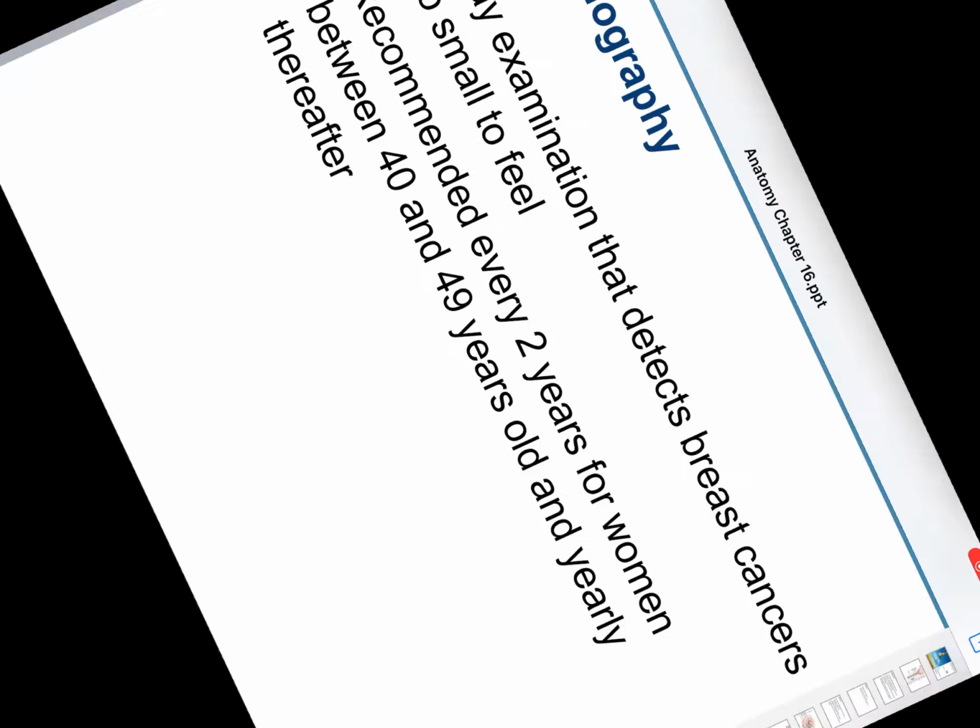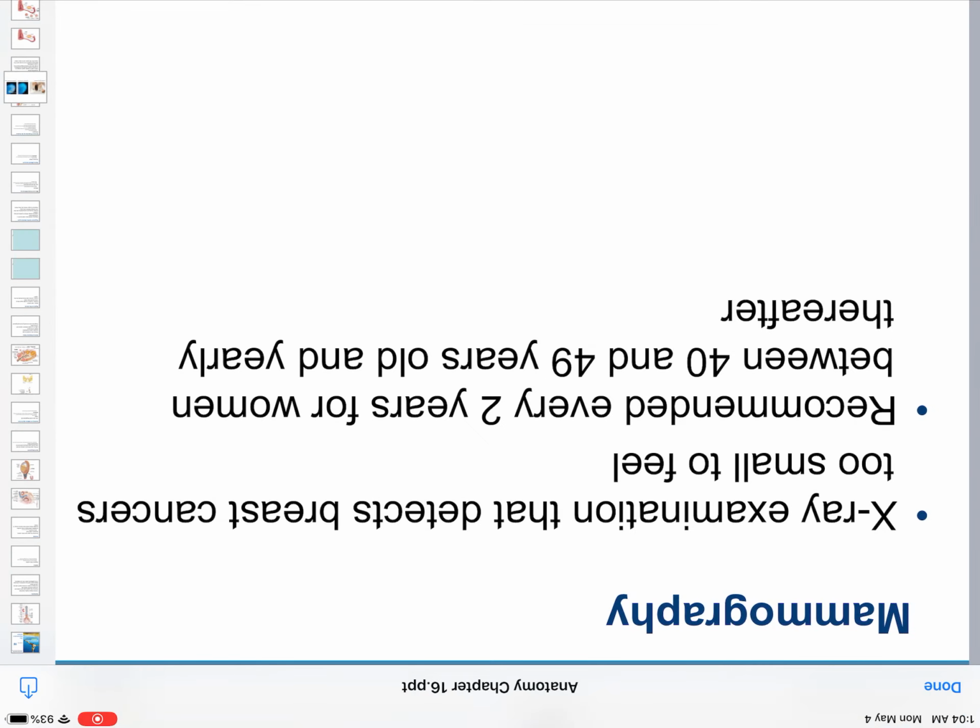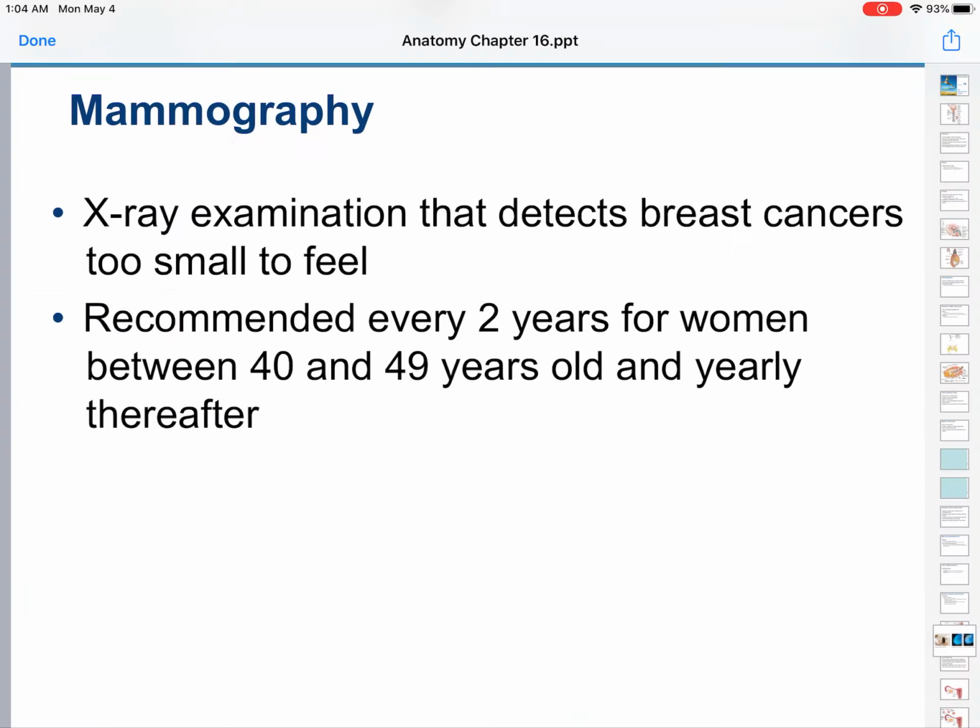However, they also are prone to getting cancers. So it is important, whoops, I accidentally flipped it. It is important that once you hit 40, every 2 years, you should get a mammography, a mammogram, to check for breast cancer.